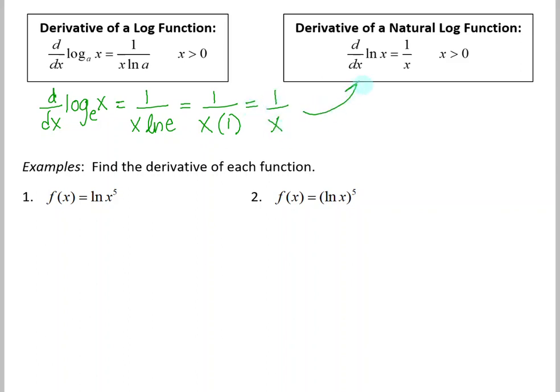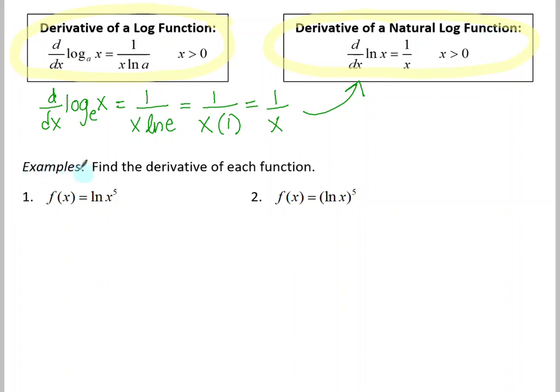So that leads us to the derivative of the natural log function, d dx of natural log of x equals 1 over x. Of course, that's for x greater than 0, since there is that domain restriction on all logarithmic functions. Again, these are two derivatives to just memorize and be able to recall and use: the derivative of the log function and the derivative of the natural log function.